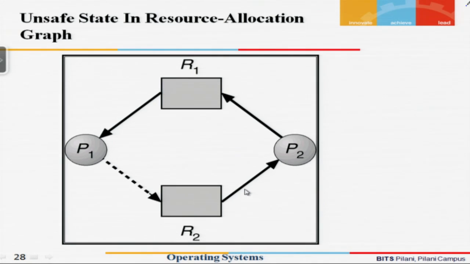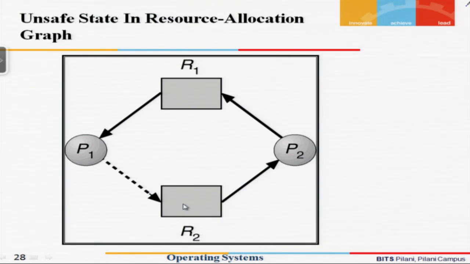So this edge gets converted to an assignment edge. P1 has not yet made a request, so P1 is connected to R2 through a claim edge.